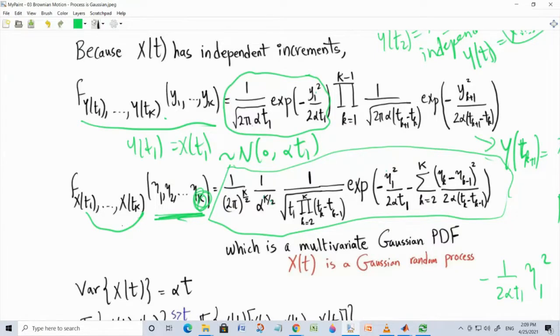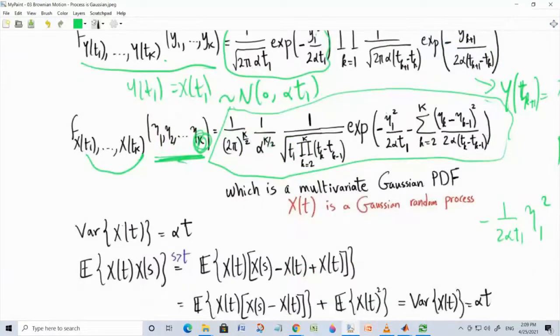Our process is indeed a Gaussian process. So the Wiener process is a Gaussian random process. If you fix the time t, again, we know that x of t is normal, zero mean, and it has a variance alpha t.